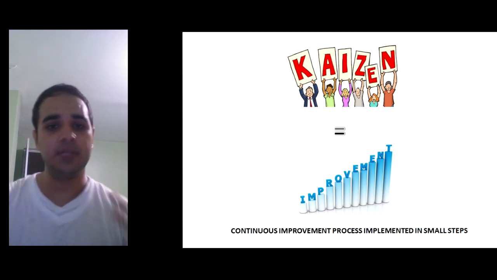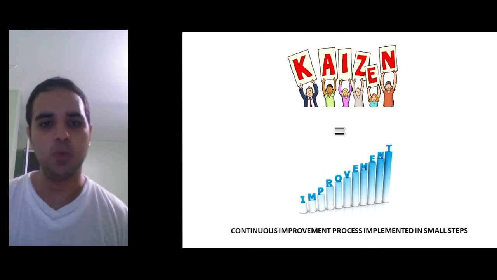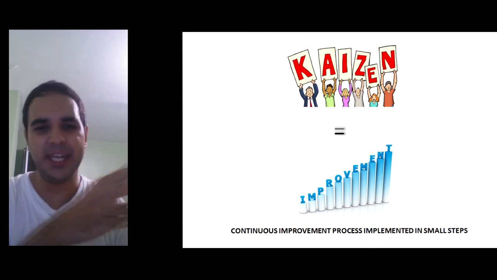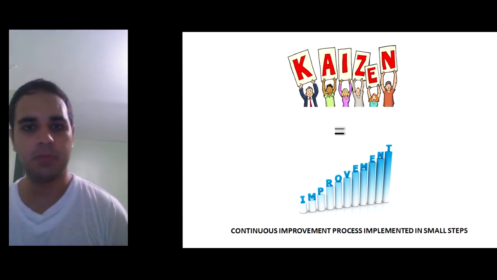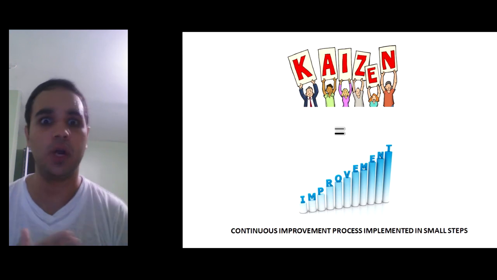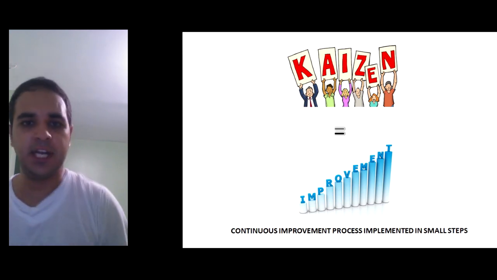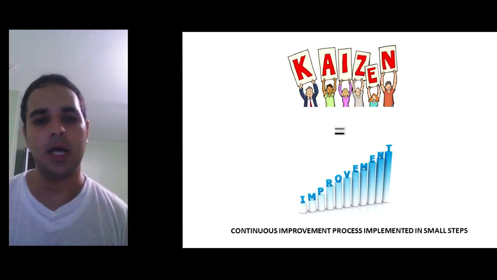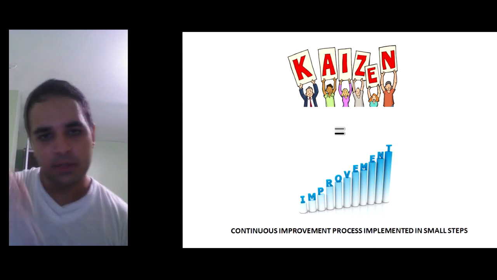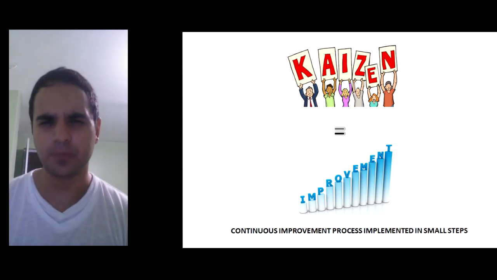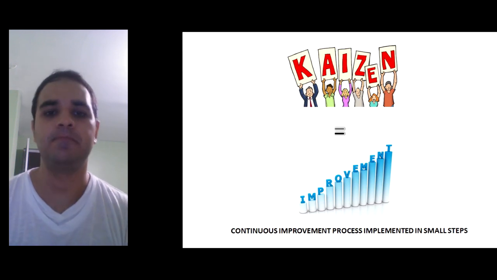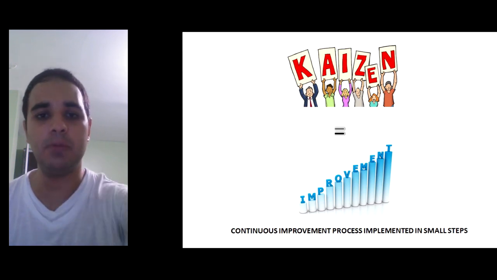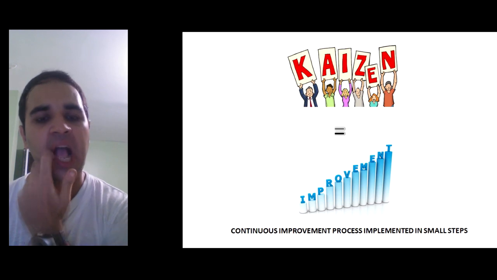Instead of implementing a big change at once, you break this change into small changes, and you implement those small changes every day or every period of time, and you are adding other changes with the first changes, okay, in order to obtain the result you want.